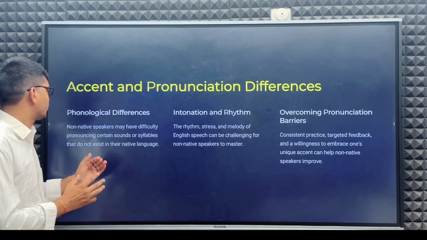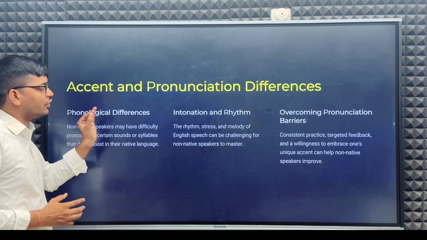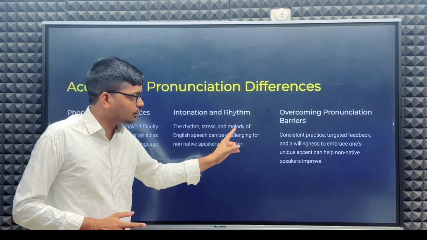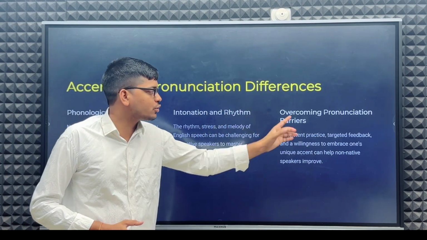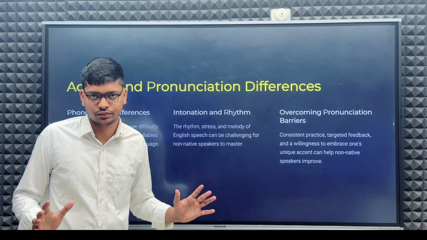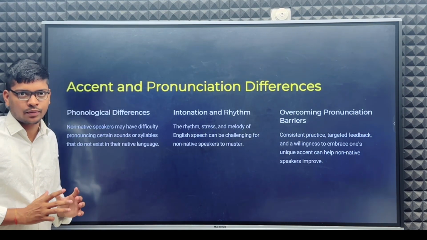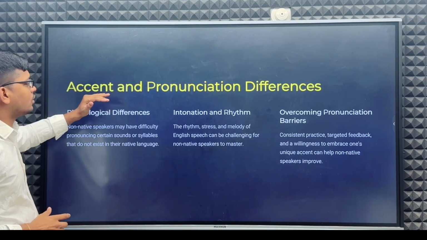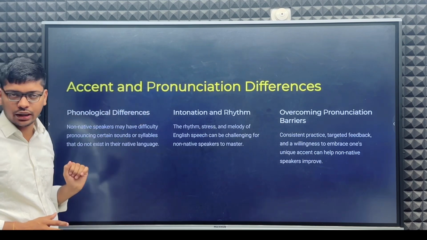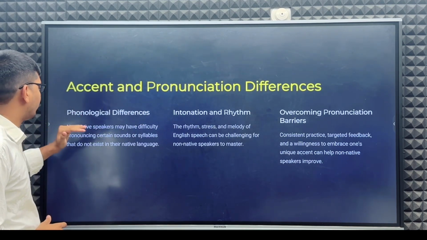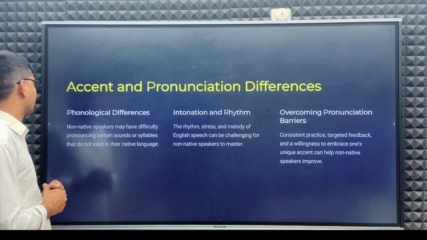First of all, phonological differences, intonation and rhythm. Second, overcoming pronunciation barriers. So there are three types of differences in accent or pronunciation. First, the phonological difference.